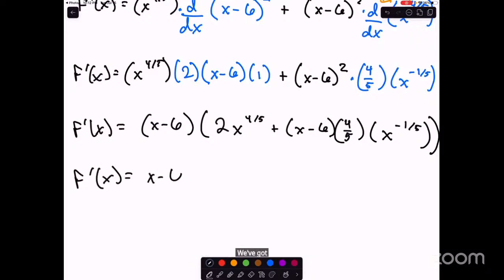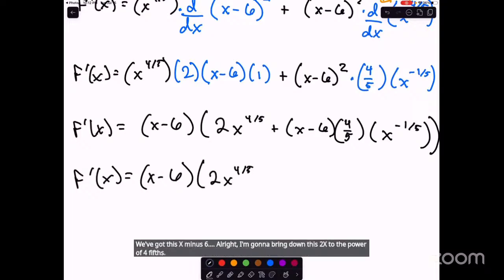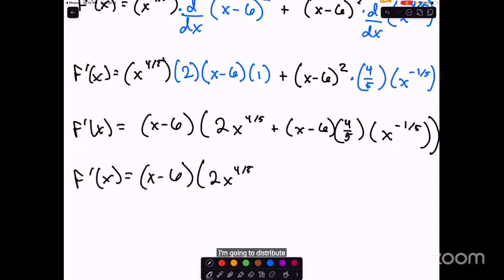We got this x minus 6. Alright, I'm going to bring down this 2x to the power of 4/5. I'm going to distribute here. Now we're going to have a plus 4/5. Now if we got x to the power of negative 1/5 times x to the power of 1, you add the powers.